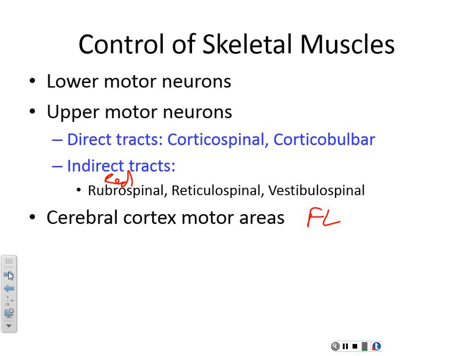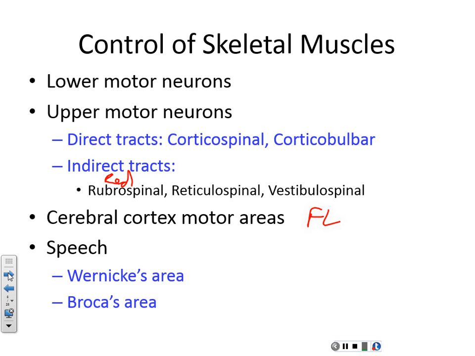There's a groove that runs in the center separating the frontal lobe from the parietal lobe. That's what we're calling the central sulcus. So know the location of the motor and sensory areas, and which lobe of the brain it is. And then, of course, for speech, we get two areas.